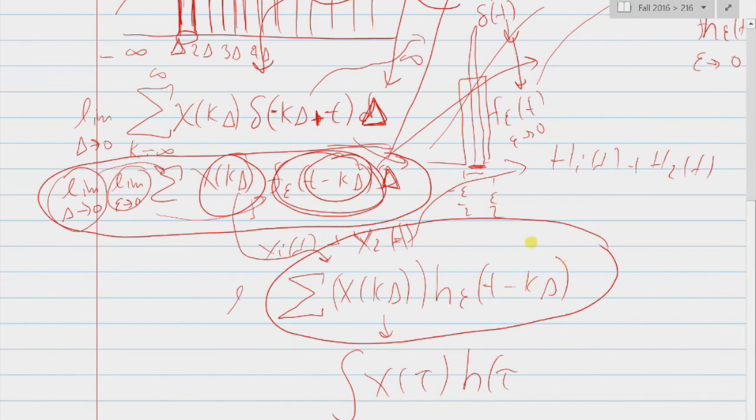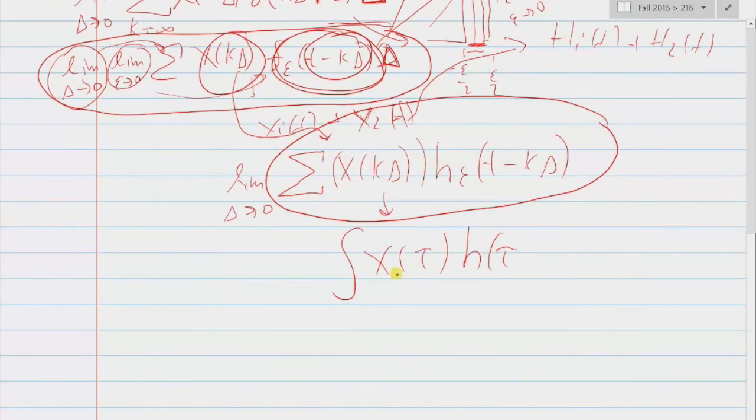So given that I have this output here, if I take the limit as delta approaches 0, then I get the integral of x of tau h of t minus tau d tau. And I know that this is equal to the input, which I said was equal to x of t.